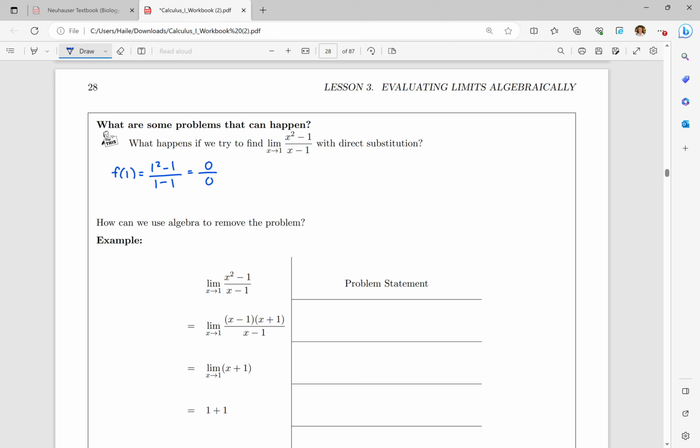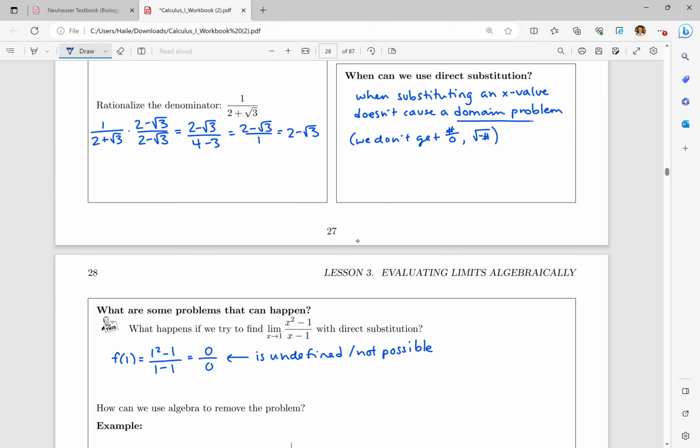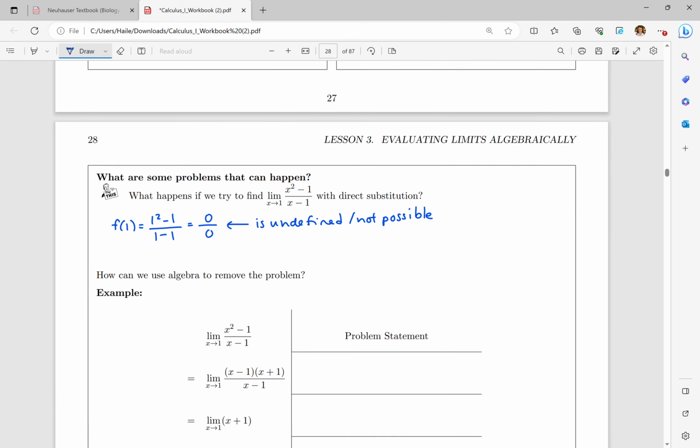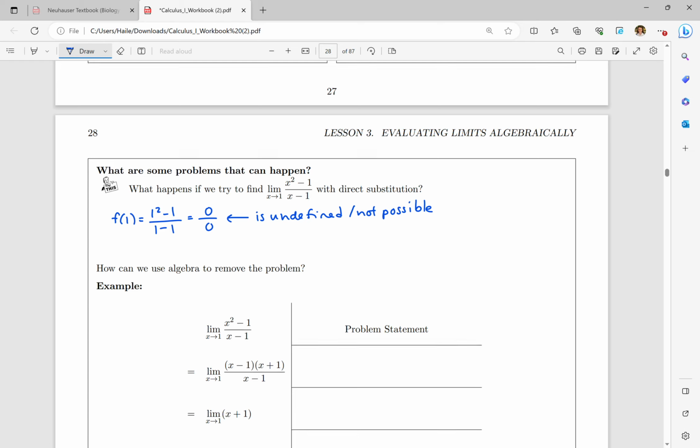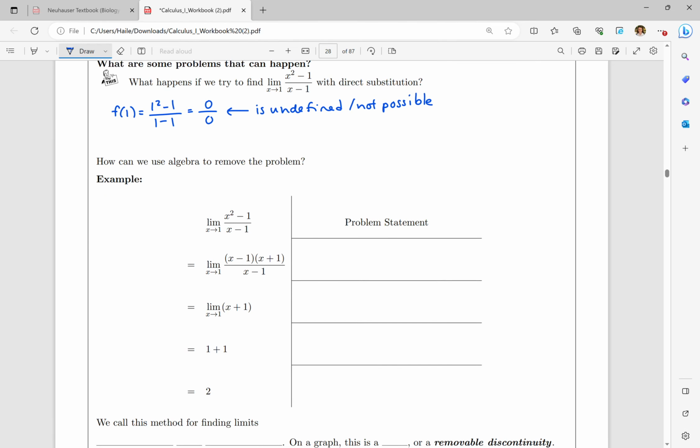Okay, so that's a problem because 0 over 0 is undefined or not possible. And so that's kind of what I was talking about up here when we were talking about domain problems. Okay, so this would be a domain problem because we can't divide by 0. So we want to think about how can we use algebra to remove the problem. So the big problem with this is that 0 is in the denominator, and that's happening because 1 minus 1 is 0.